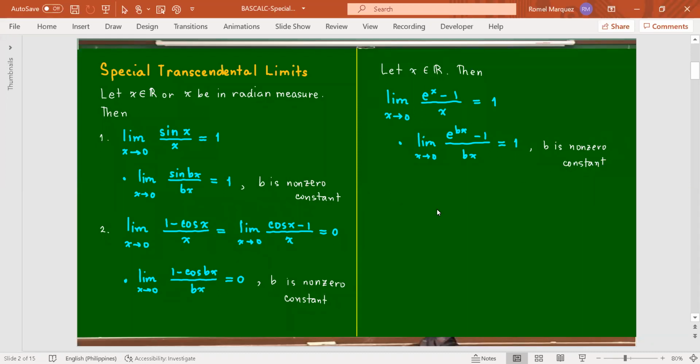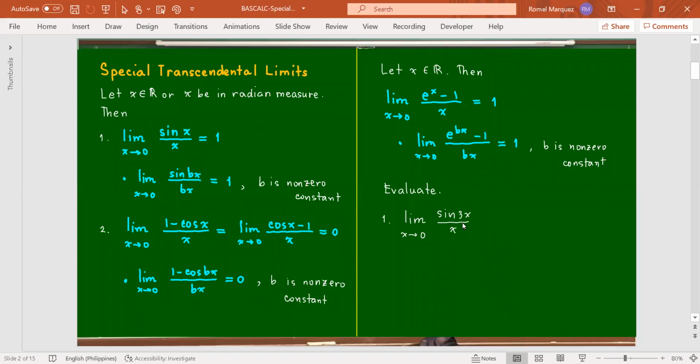Okay, so let's have examples. Evaluate the following limits. Number 1: the limit as x approaches 0 of sine 3x over x.